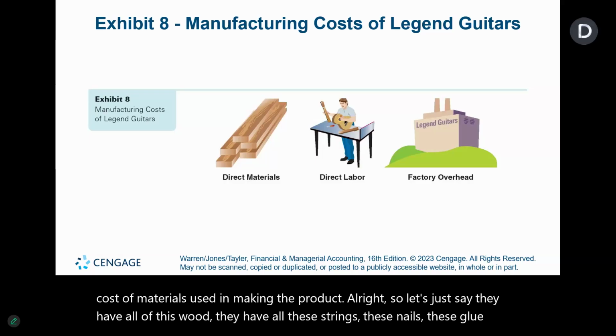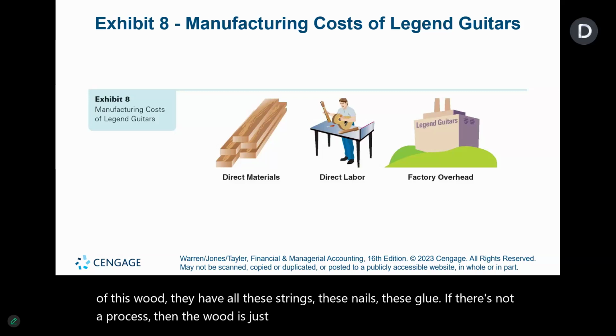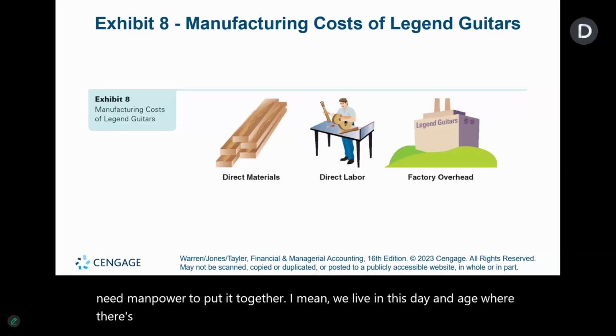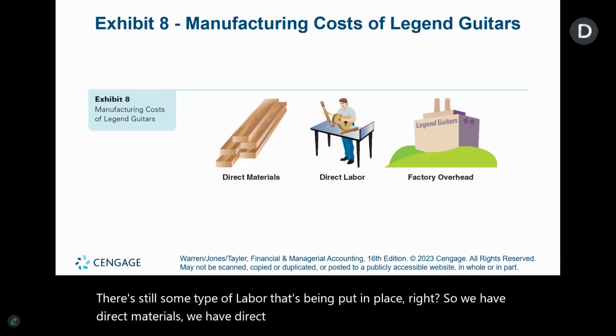If there's not a process, then the wood is just going to stay together. I mean, we live in this day and age where there's technology, there's equipment and things of that nature, but at the end of the day, there's still some type of labor that's being put in place, right? So we have direct materials, we have direct labor, and then we have what's called factory overhead.